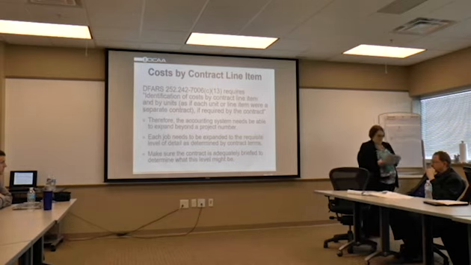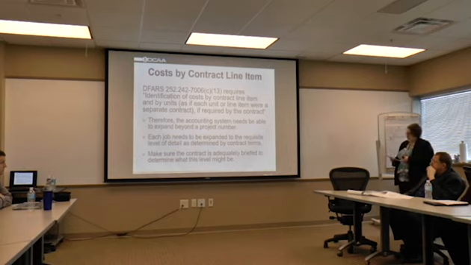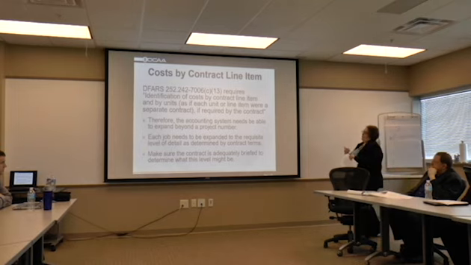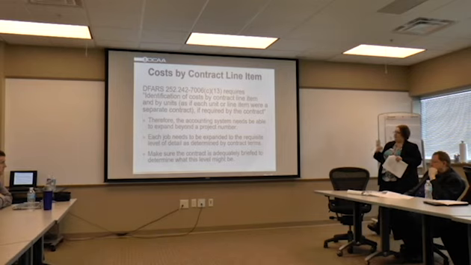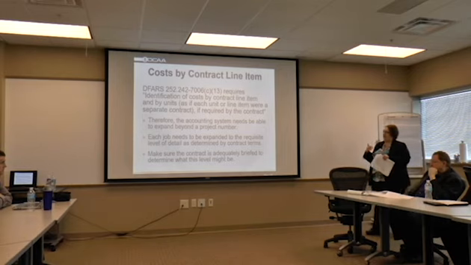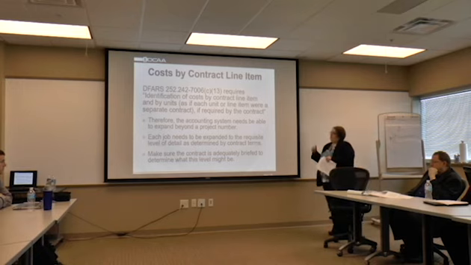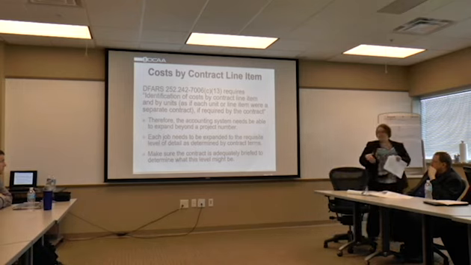So, cost by contract line item. We're actually experiencing a lot more of this. The DFARS requires identification of cost by contract line item and by units as if each unit or line item were a separate contract, if required by the contract. So the accounting system needs to be able to set up at that lower level of the contract.